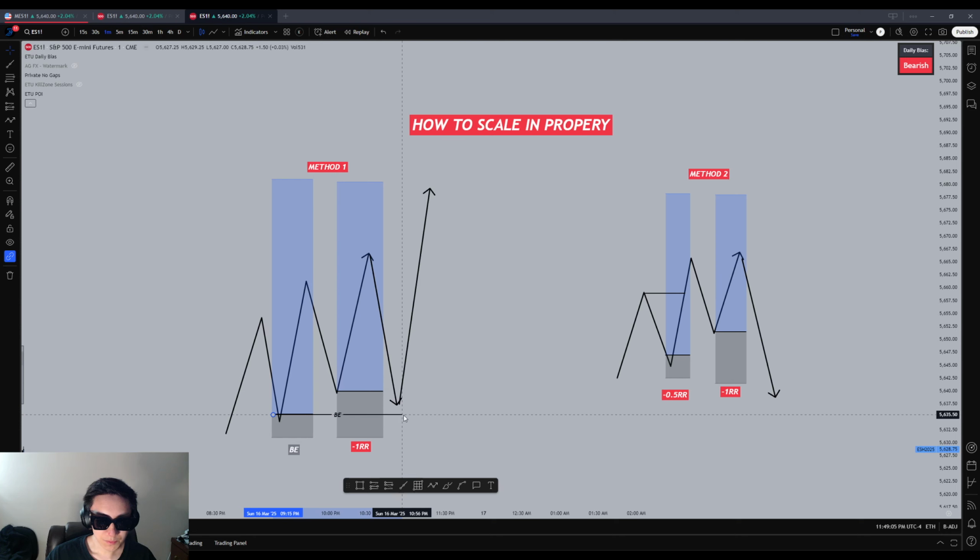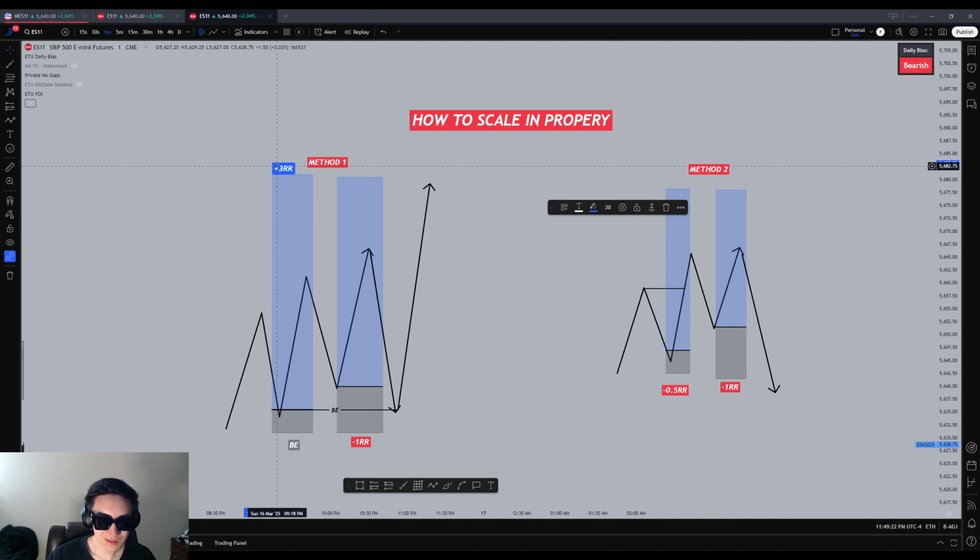Well, your position gets hit out at break even. So here's the break even level. Your first entry gets hit out at break even. Therefore, let's say the potential profit for your first trade was, I know this is not drawn to scale, guys, let's say it's 3 risk reward. Potential profit, if you didn't get hit out at break even. And obviously the second trade we'll also leave at 3 risk reward.